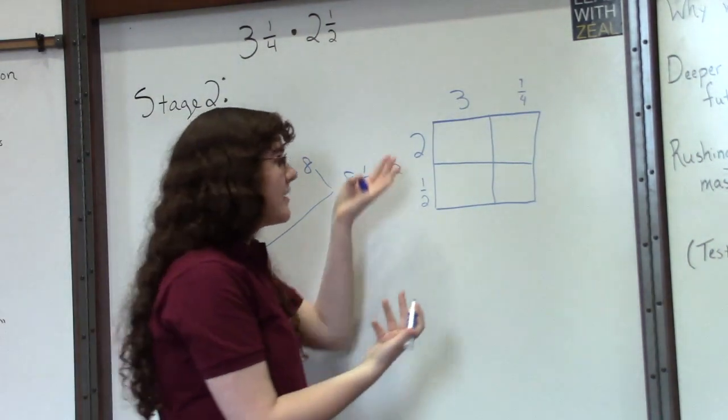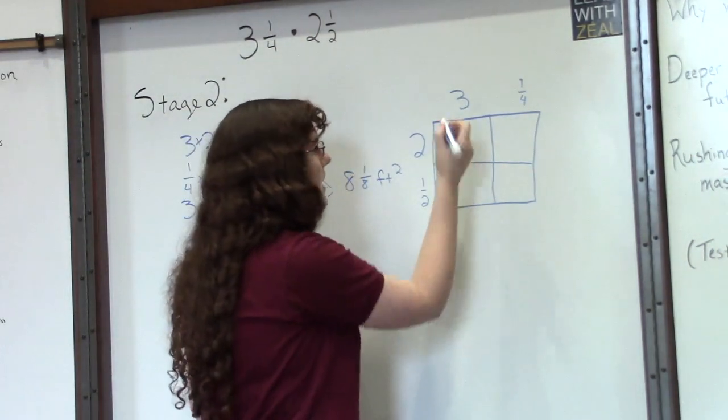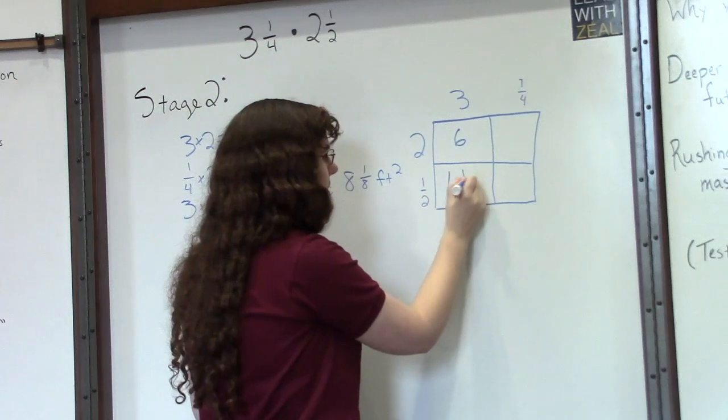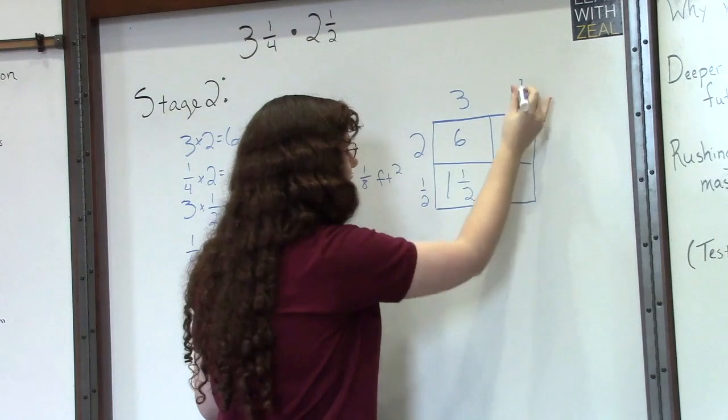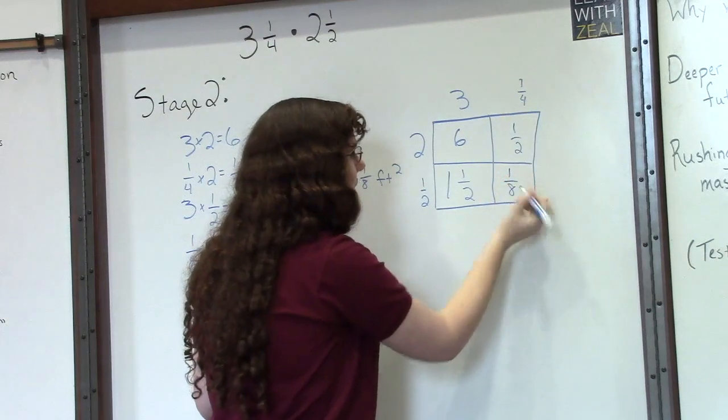At this point, they might know that 2 times 3 is 6, and that 3 times a half is 1 1/2, and that 2 times a fourth would get you a half. And then they would put these parts together.